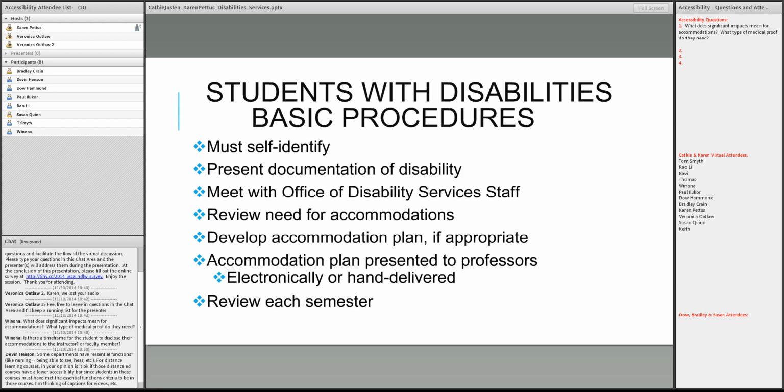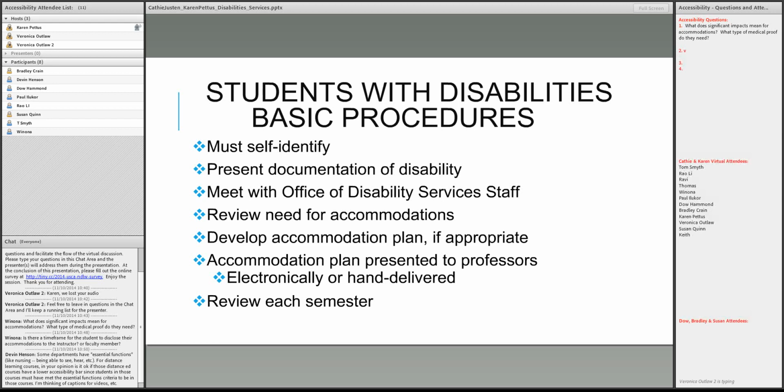But just a couple of things to keep in mind: as with students who are taking face-to-face courses, students with disabilities need to self-identify in order to receive accommodations. They have to provide documentation, and that documentation would probably need to say the student uses a screen reader, or needs print enlarged, or, if a student has a visual disability, maybe they can't look at a screen for very long without causing a headache.